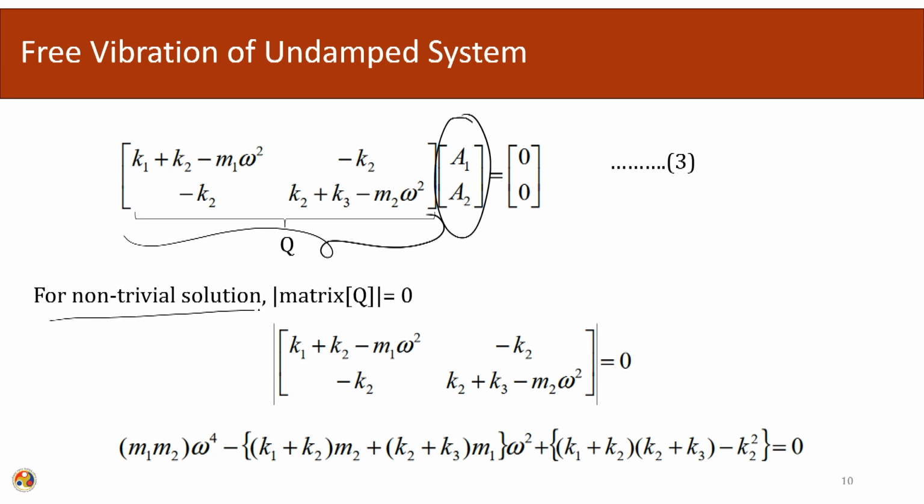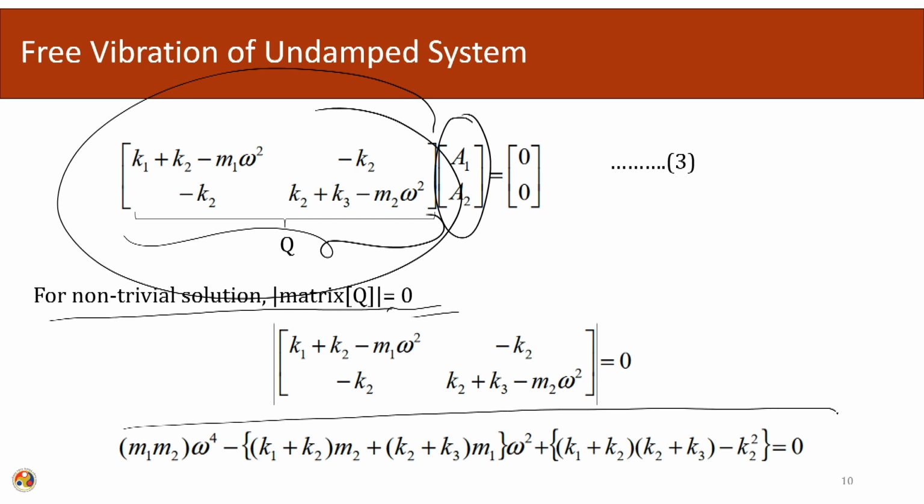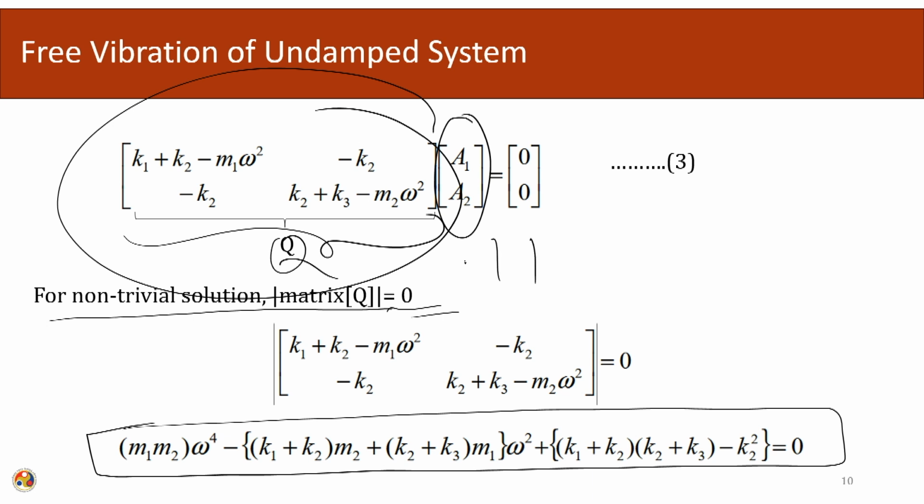So, for a non-trivial solution, the determinant of this matrix should be 0. So, we evaluate the determinant of this matrix, the matrix Q. The determinant of matrix Q should be 0 for a non-trivial solution, because if a1 and a2 are 0, then there will be no motion.